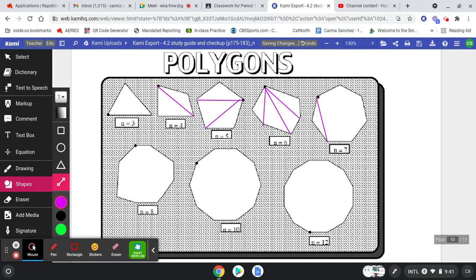Next one, 1, 2, 3, 4, 5. There it is. Next one, 1, 2, 3, 4, 5, 6 triangles inside that one.